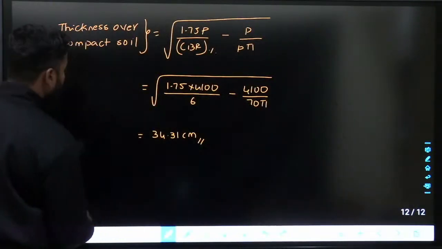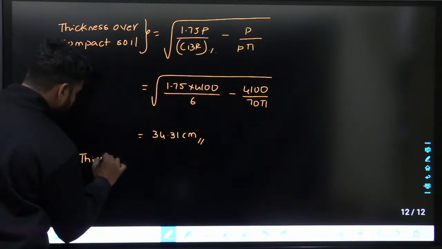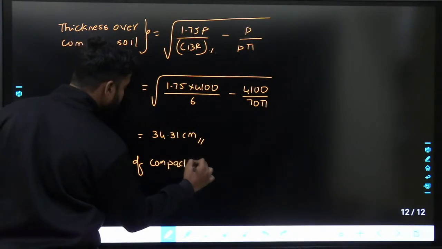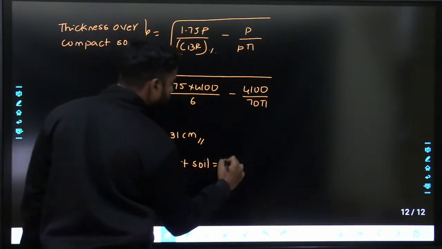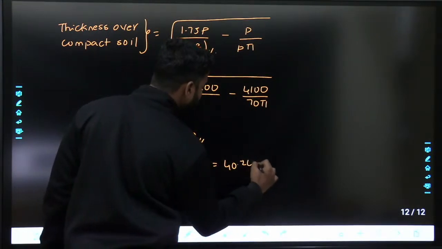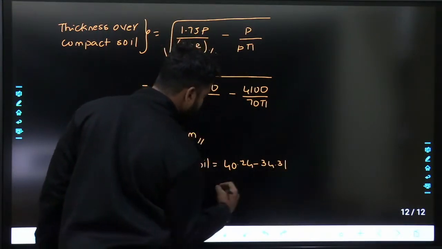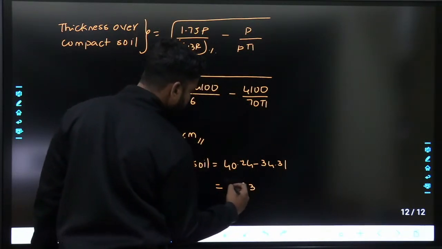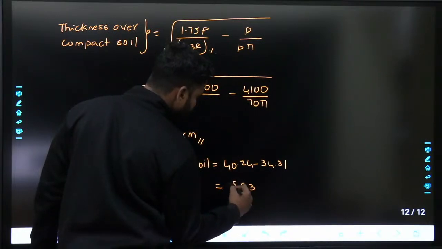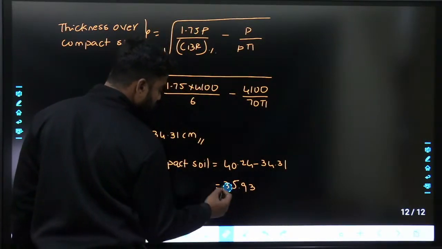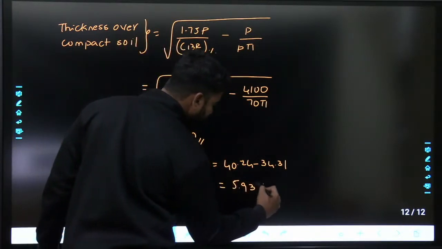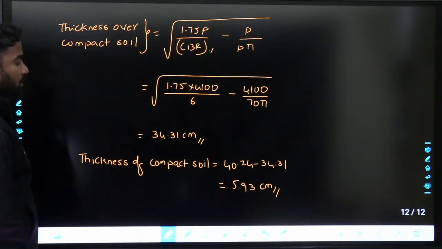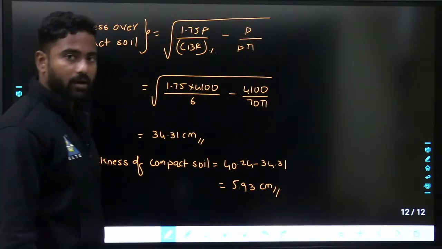Thickness of compact soil equals 40.24 minus 34.31, which is 5.93 centimeters. That is the thickness of compact soil.